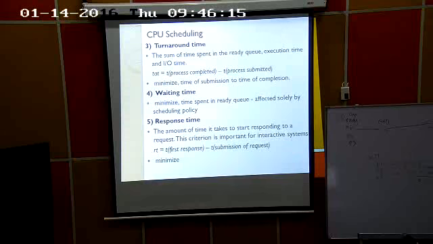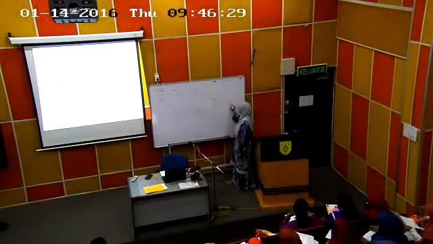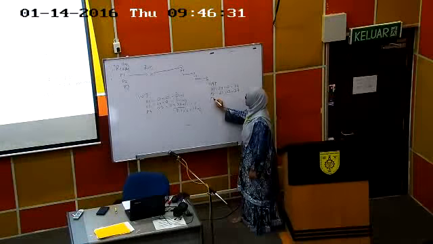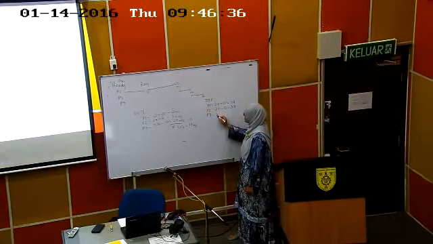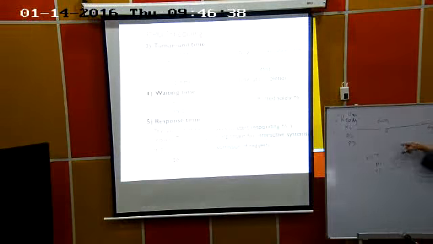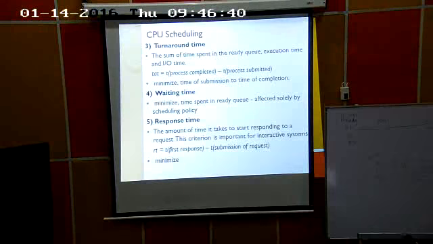Okay, P2 completes at 27, in ready queue 0. P3 completes at 30, in ready queue 0.